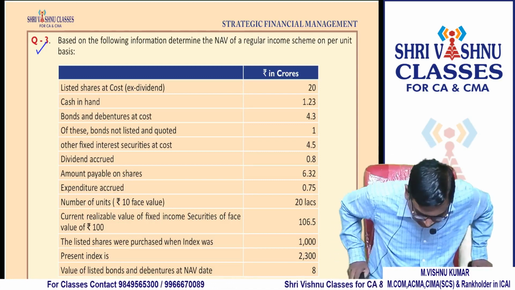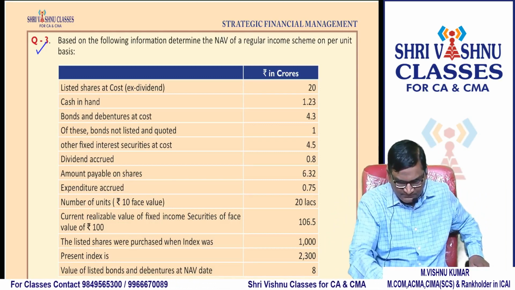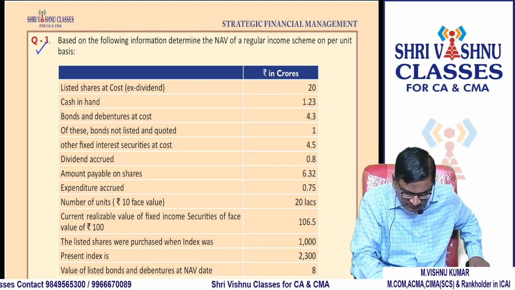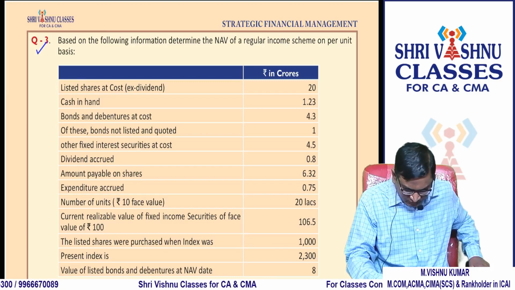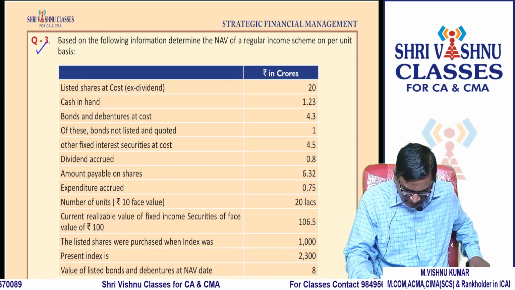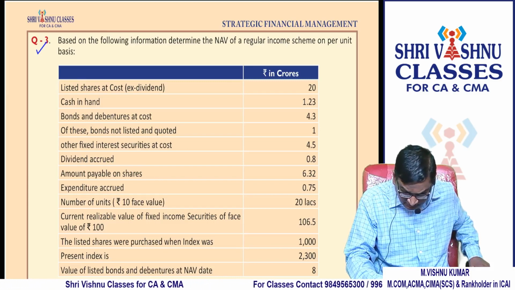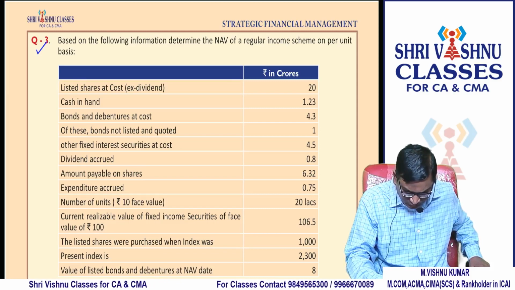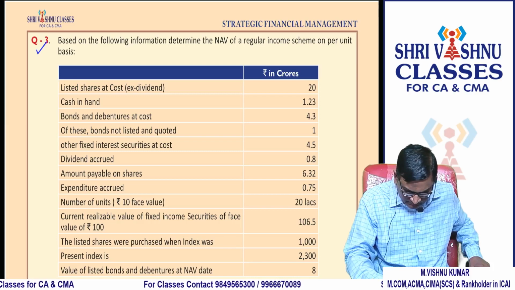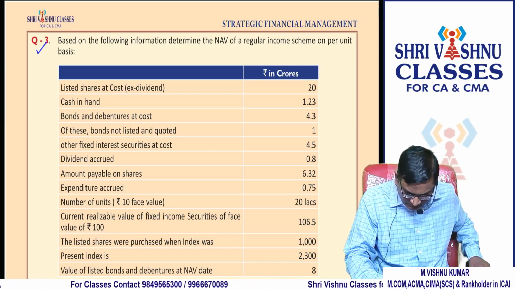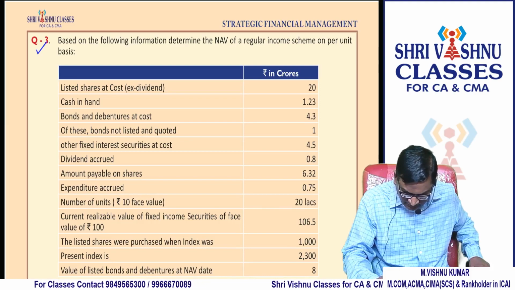So listed shares at cost, cash in hand, bonds and debentures at cost. Of these bonds not listed and quoted, other fixed interest securities, dividend accrued, amount payable on shares, expenditure accrued, number of units, rupees 10 face value, current realizable value of fixed income securities.